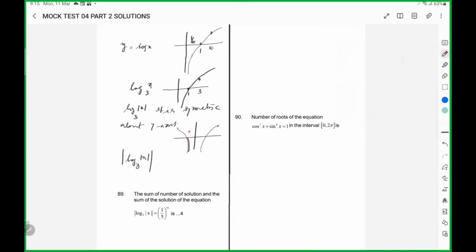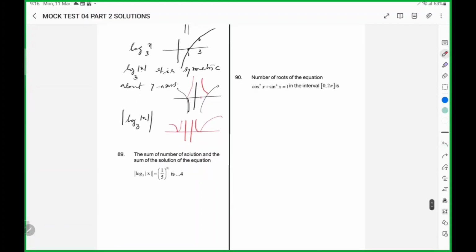So minus 1 modulus is there, plus 1. Like this. Here also negative part will be. The final graph will look like this, and as x approaches, you take this.